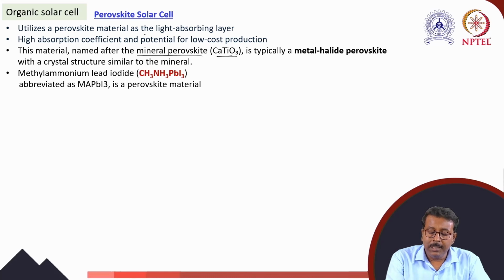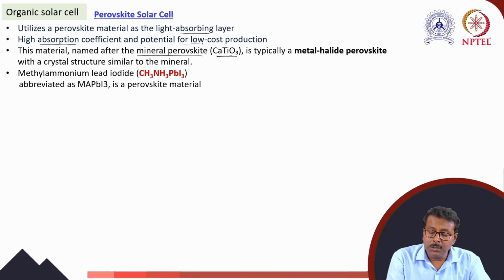This perovskite material acts as the light absorbing or active layer in a perovskite solar cell. Its absorption coefficient is very high, which is the main advantage of this solar cell. At the same time, it has good electrical properties also. That's why people have been exploring perovskite as a successful development in solar cells.